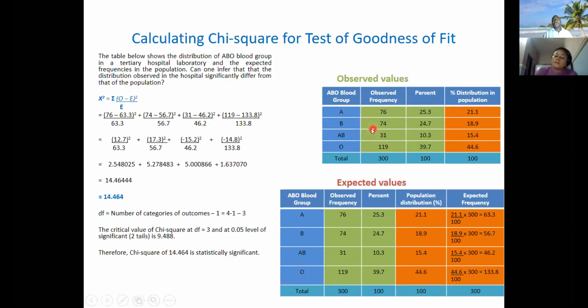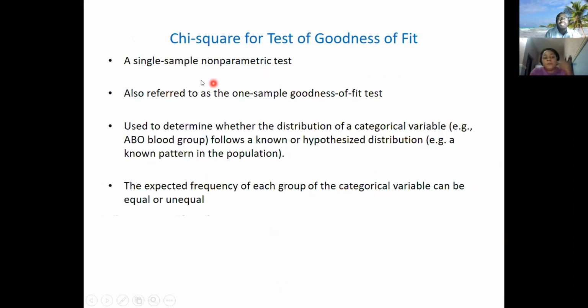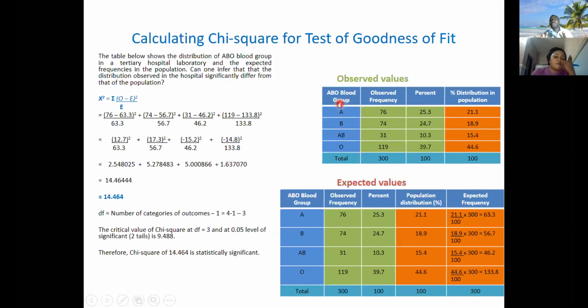You only look at the frequency in your own study against an expected frequency. That's why it is a single sample non-parametric test, also referred to as the single sample goodness of fit test. A single sample is one group and one variable.